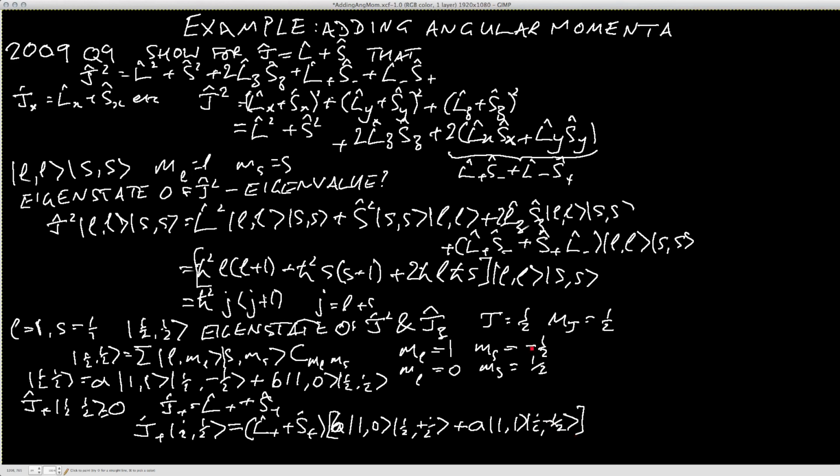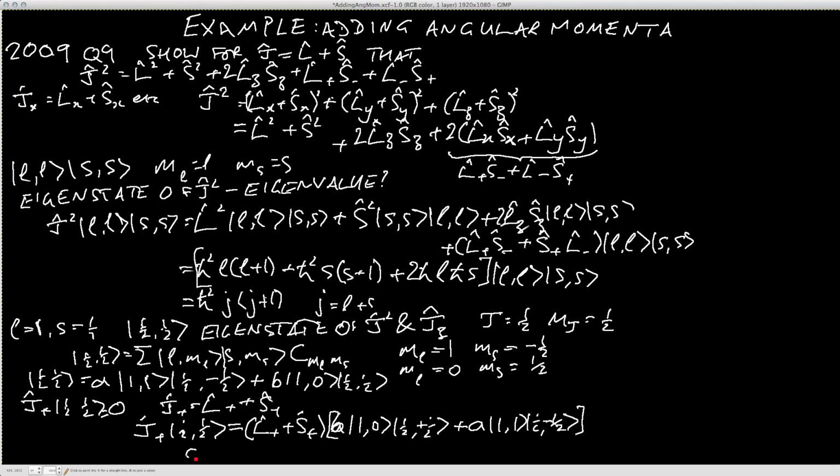Now, I'm starting to run out of space, but we can finish this off quite quickly. You find that when you do that, if you act with L plus on this 1, 0 state, then you get a 1, 1. But if you act with S plus on the half a half state, you get 0. Similarly, acting with L plus on this 1, 1 state gives us 0, whereas acting with S plus on the half minus a half gives us a half a half.